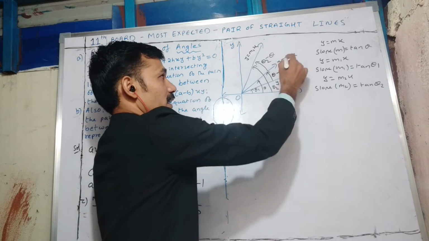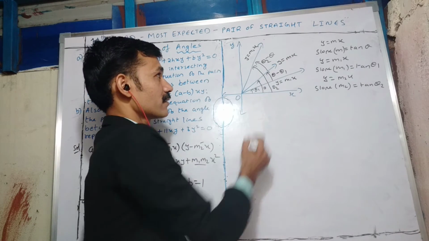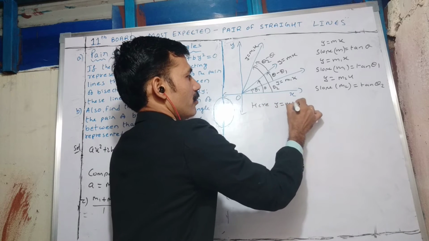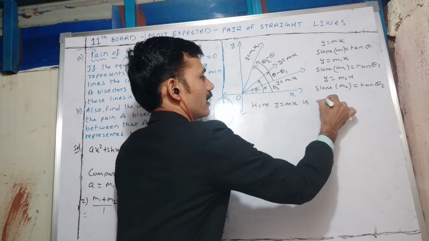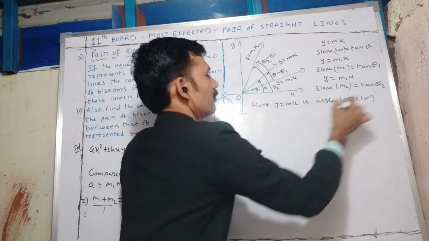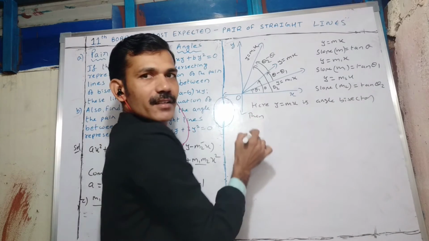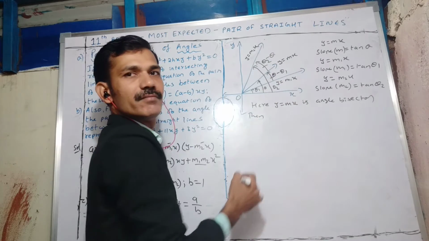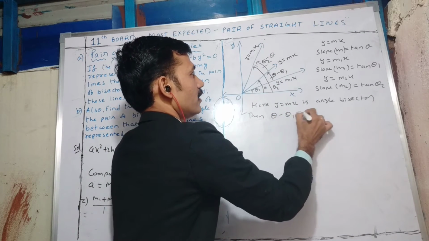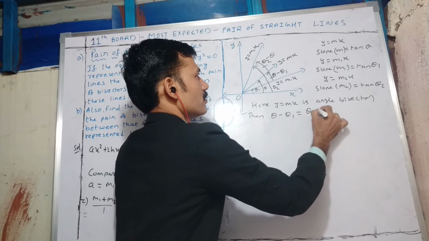Here y equal to mx is one of the angle bisectors. If it is an angle bisector, then these two angles should be equal. That is, theta minus theta 1 is equal to theta 2 minus theta.